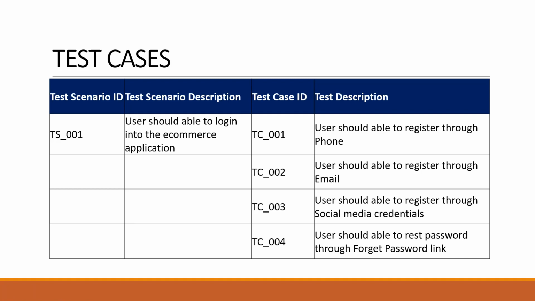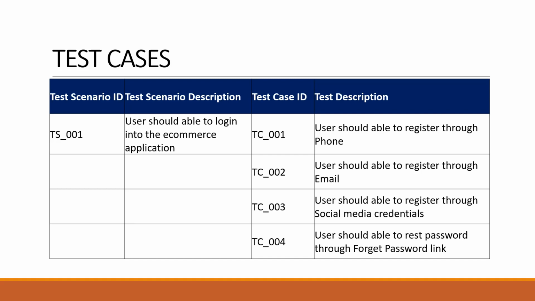But if the user has already created their login ID and forgets the password, that is another one we need to cover for this test scenario: the user should be able to reset the password through the forgot password link. This is another way to log in to the system when the user is already registered.